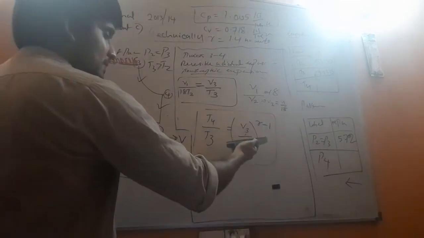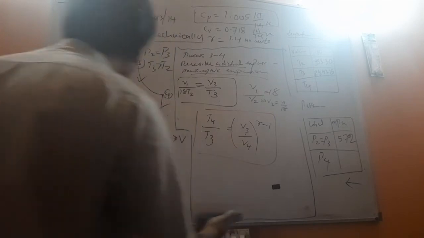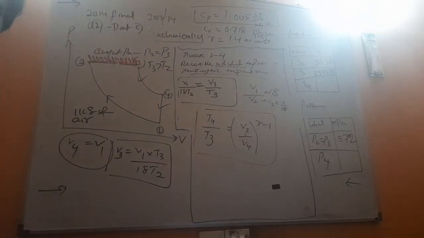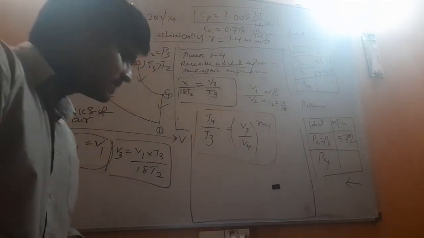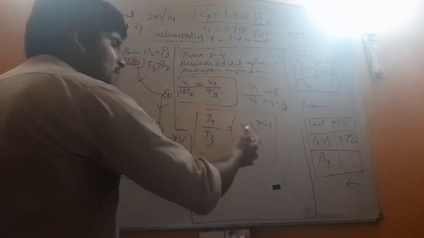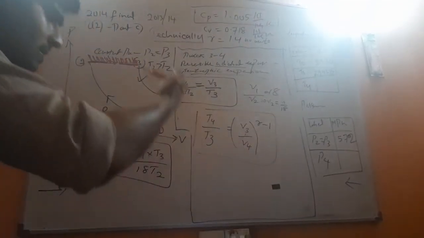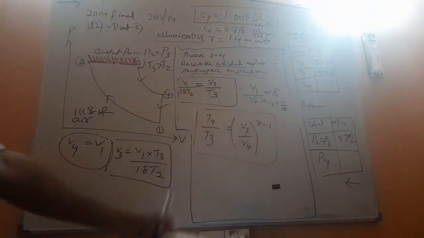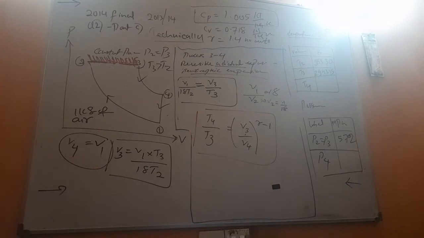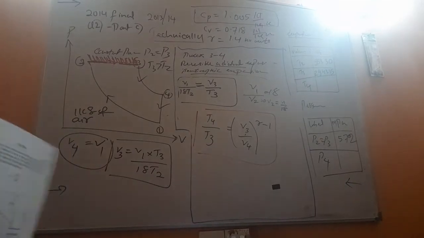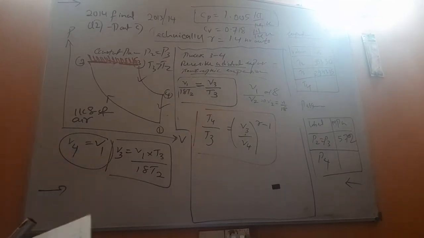V3 divided by V4, let's put in V1 terms, because actually my logic was, if V3 you are going to write in terms of V1 and V4 you are going to write in terms of V1, then you can cancel V1 to V1, right? So that would be a kind of an easy method, right?